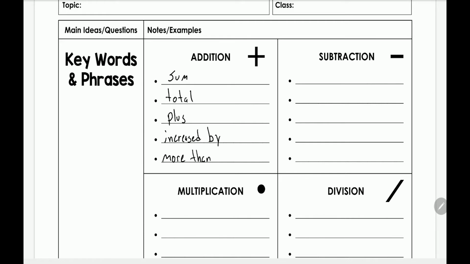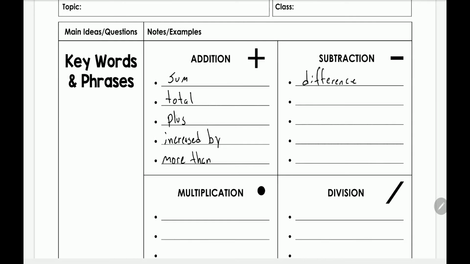So let's look at subtraction. Addition and subtraction are opposites. The opposite of sum would be difference. The opposite of total, there's not really one, so we look at the opposite of plus, which would be minus.